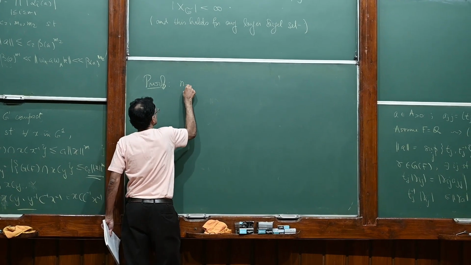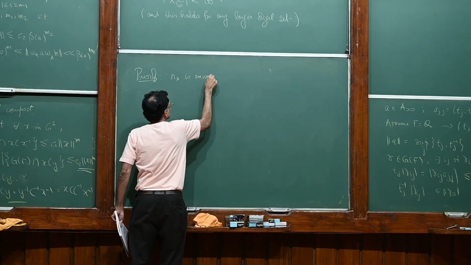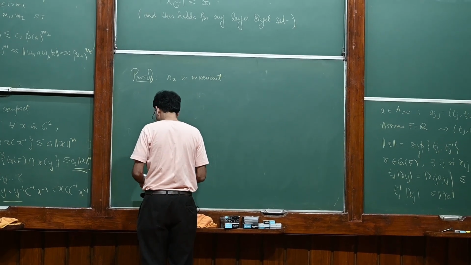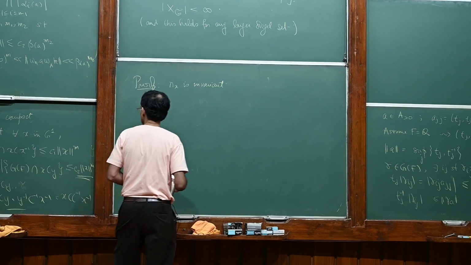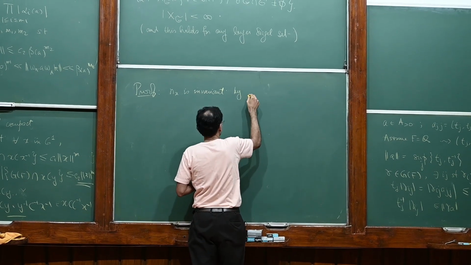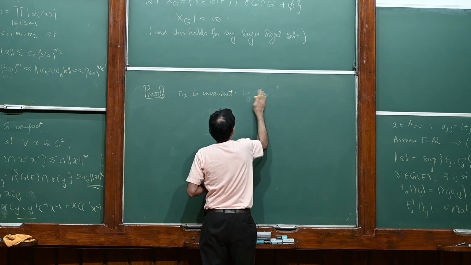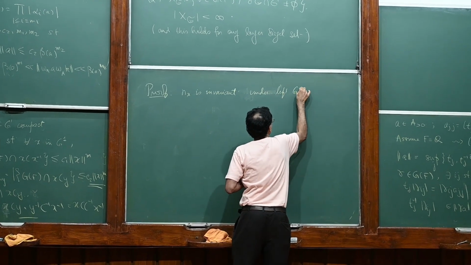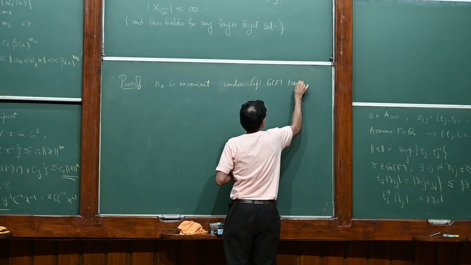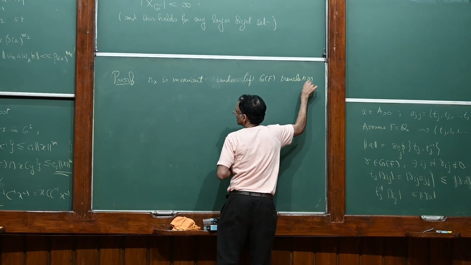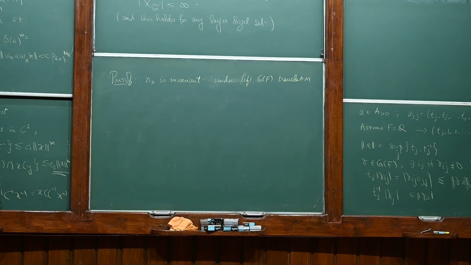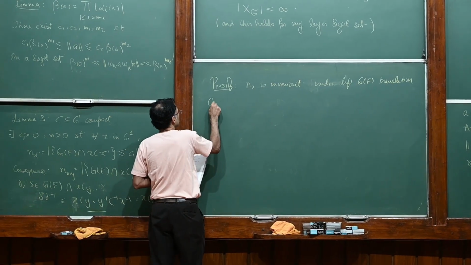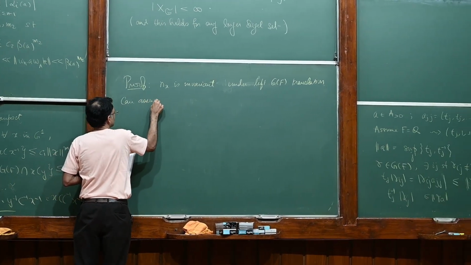So NX is invariant under left GF translation, right? So the cardinality of the set obviously doesn't change if I move to the left. So I can just assume X is in a Ziegler set, right?